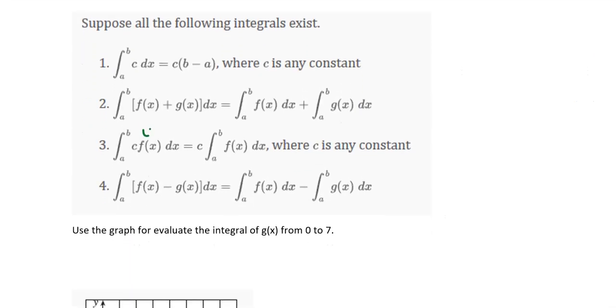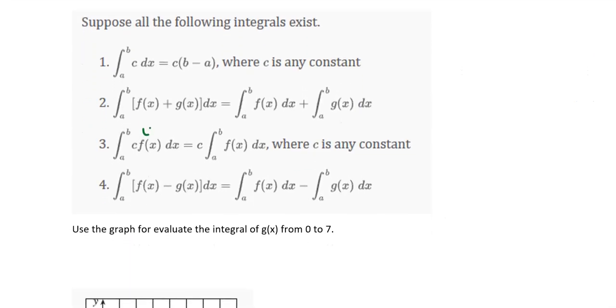Now, a couple rules for integrals. You can always split areas up, and that's what number 2 and number 4 are saying. If you have a sum of things, you can always do the integral of each piece and then add them up. The area of a constant is just the difference of the endpoints times the constant, because if I graph a constant, it would look something like this.